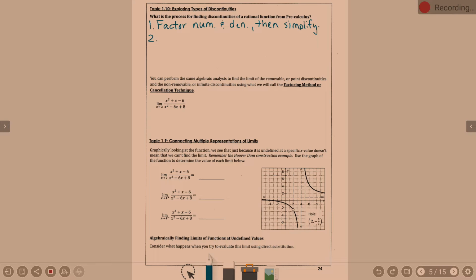So I'm going to put both words up here. Removable or point discontinuity occurs when factors cancel.